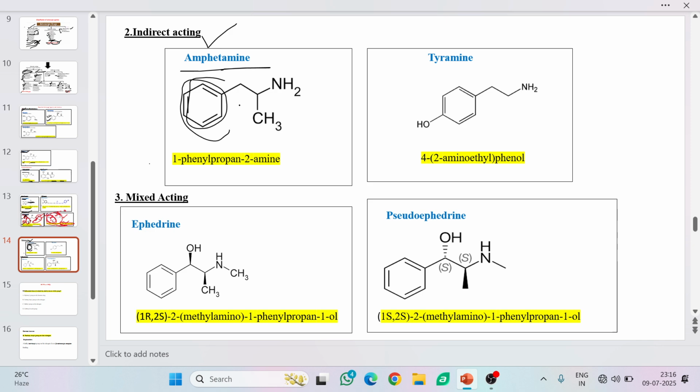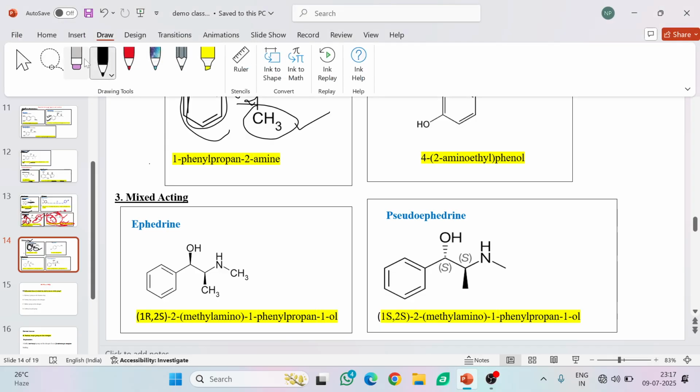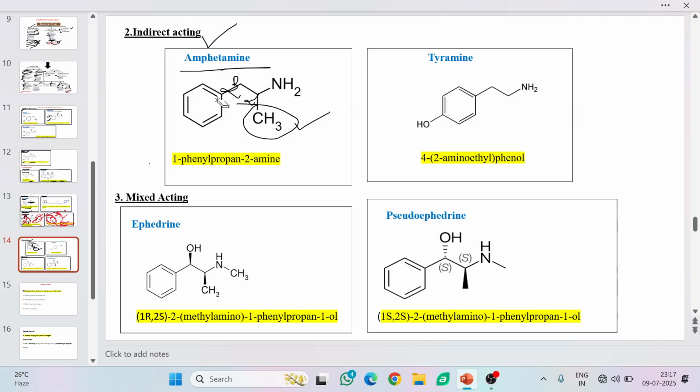But additionally, this is alpha and this is beta. So at the alpha position, a methyl group is present. I already told you in the last few slides that we will see some structures with alpha substitution. So this is amphetamine, a very basic and important drug.